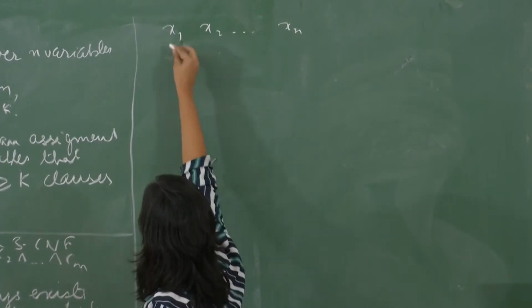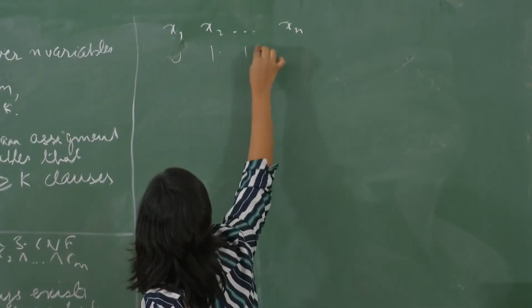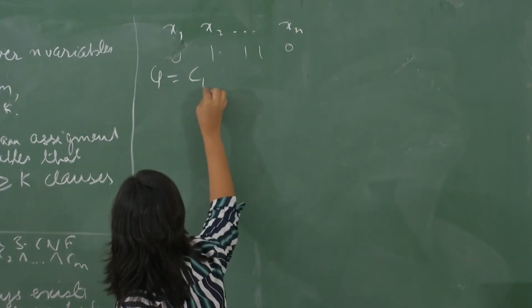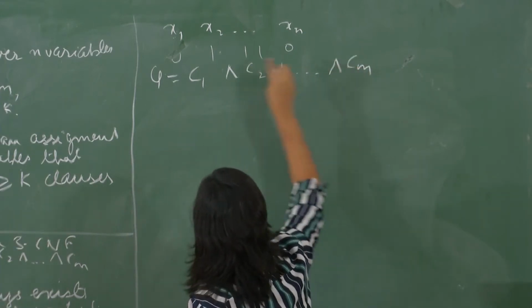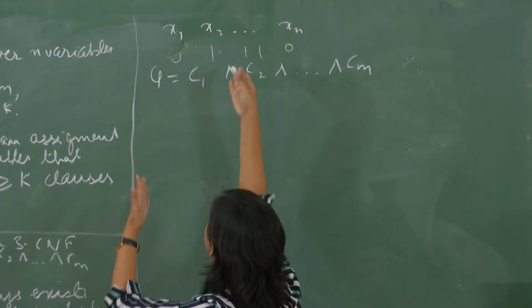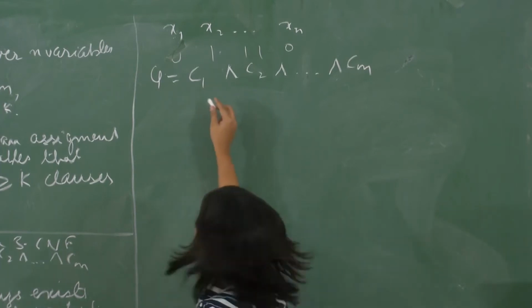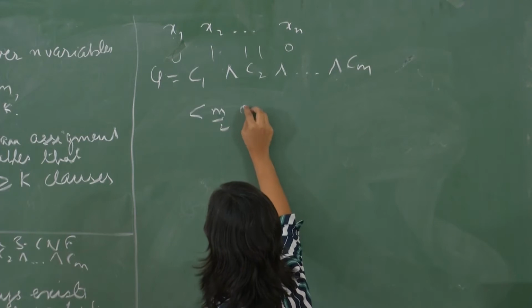So an assignment will be, it might assign this 0, this 1, 1, 1, 0, something like that, right? And this is the formula psi. So suppose you started with this assignment, and when you put this assignment in this formula, this didn't happen. So that means strictly less than M/2 clauses were satisfied.